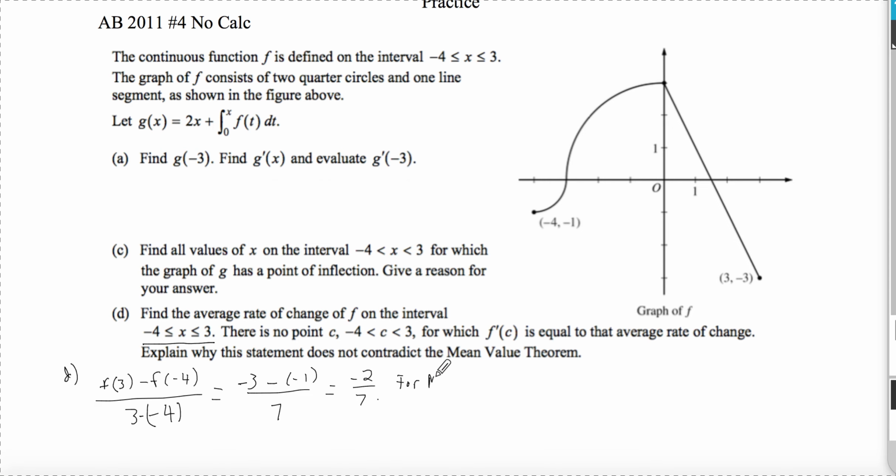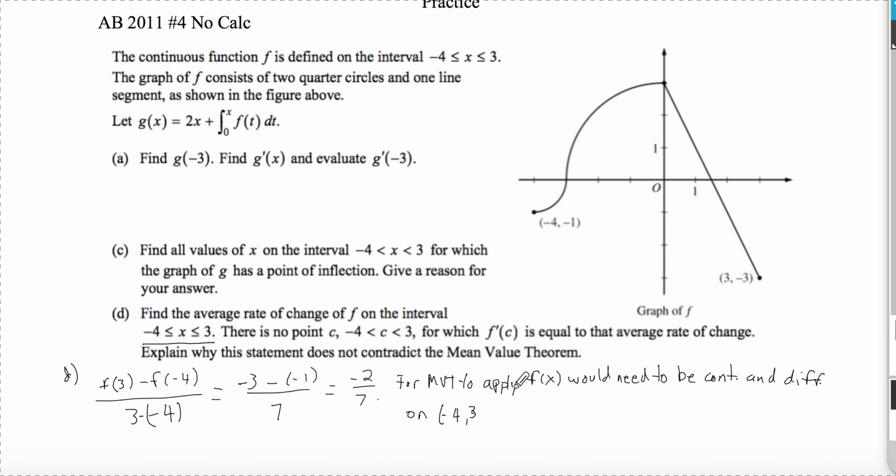we can say for MVT to apply, f of x would need to be continuous and differentiable. I want to save space by not writing out the words, but please write out the words. Continuous and differentiable on -4 to 3.